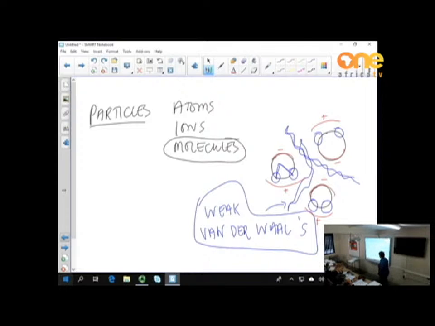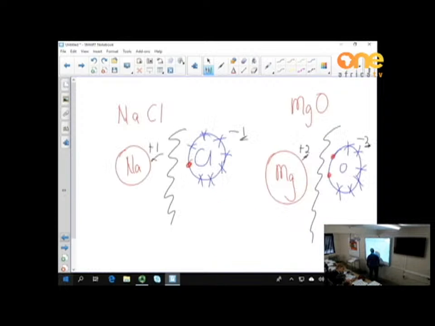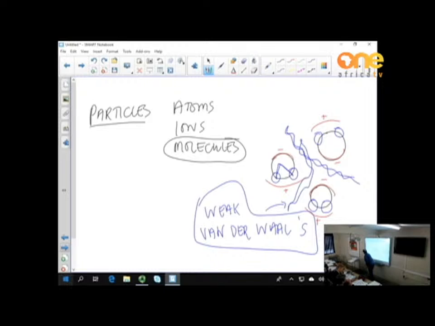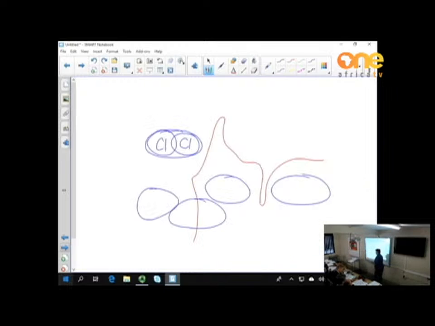So, negative and positive will attract. Okay? And these forces are definitely going to be stronger than what they would be between two iodine molecules. Do you understand? Because the iodine molecule doesn't have a slight positive or a slight negative side.